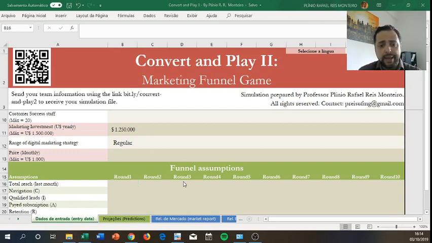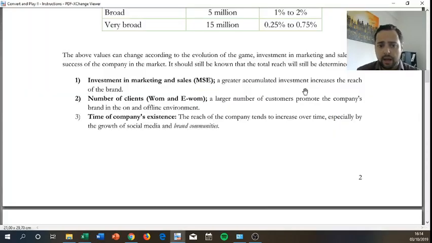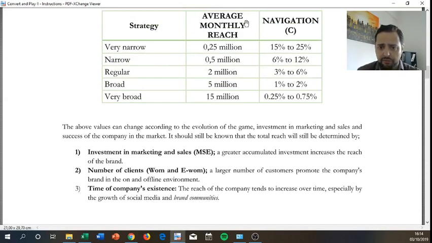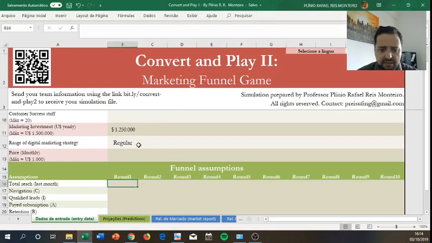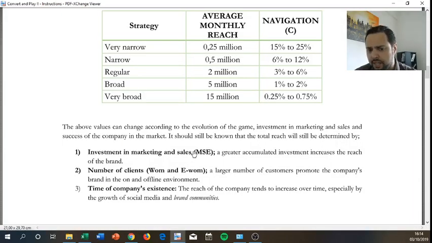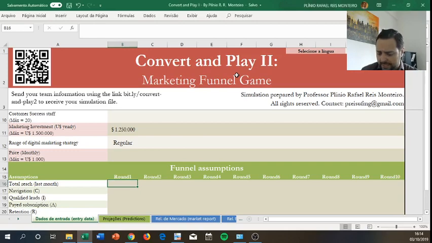So looking here at the average monthly, I can make a guess. I think that for the first year, it's not easy to achieve 2 million reach in one month. So let's say that I'm going to achieve, I believe that I'm going to achieve that, okay?